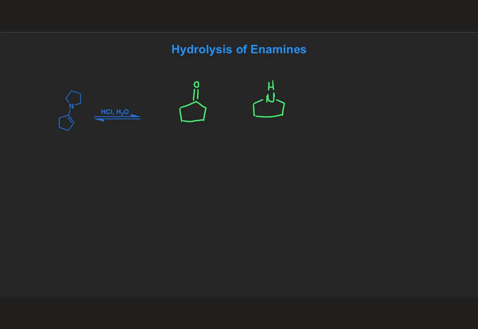Like enamines as well, under catalytic conditions, so with catalytic acid, the equilibrium generally favors the enamine.